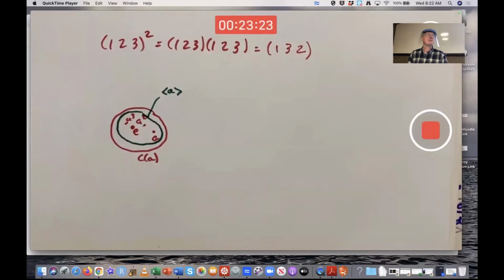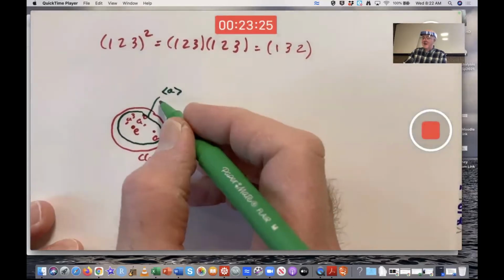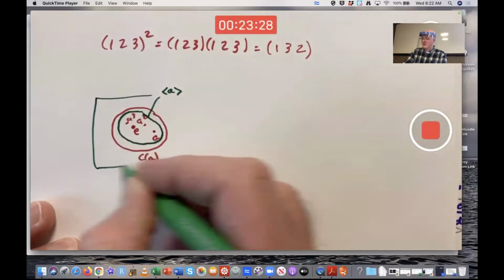Depends on the situation. And C of A is a subgroup of G itself.